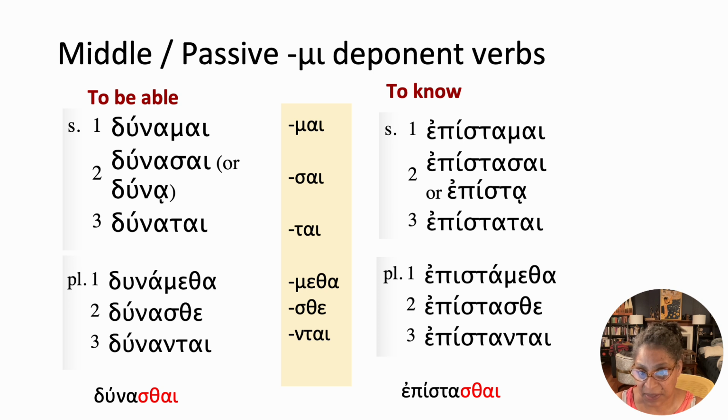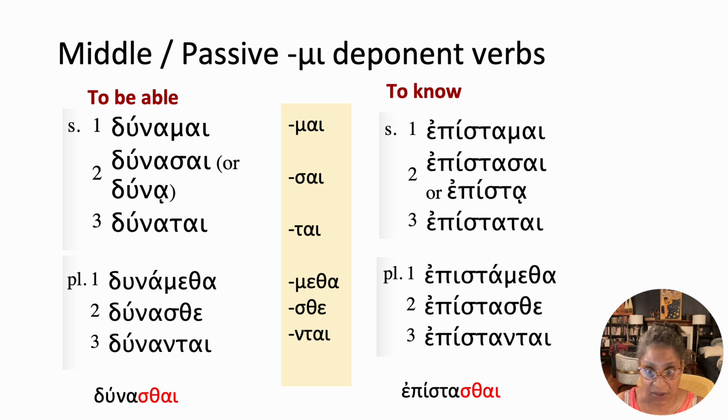You get alpha plus alpha iota gives you alpha iota subscript. So epistatai, and then epistamatha, epistasthe, epistantai. And in both cases, the infinitive is sthai, right? So dunasthai or epistasthai.